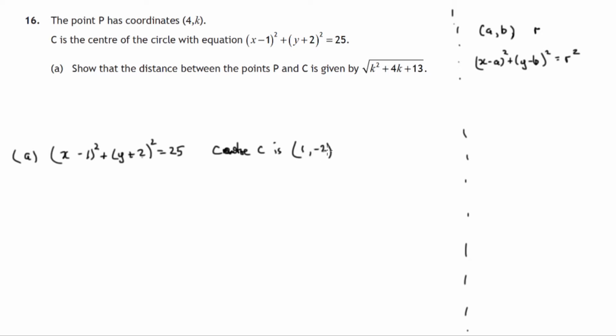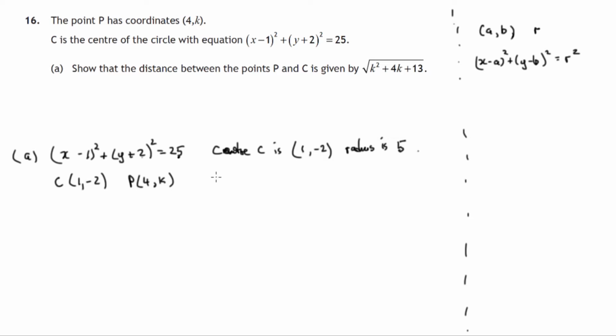So (1, negative 2) is the centre, and the radius is the square root of 25. That's the radius squared, 25, so it's 5. So we know that C is the point (1, negative 2), and P has coordinates (4, k).